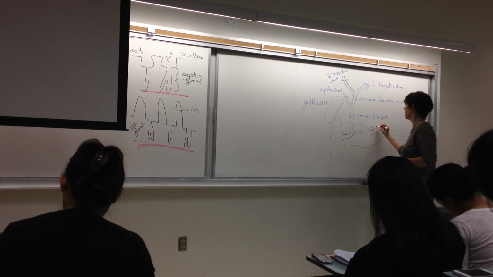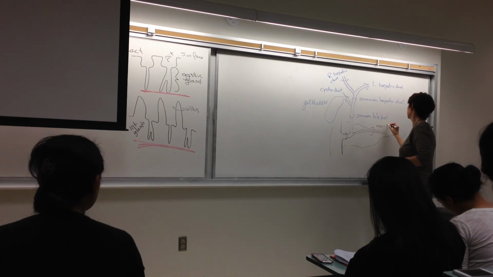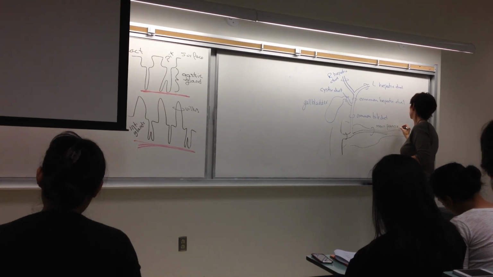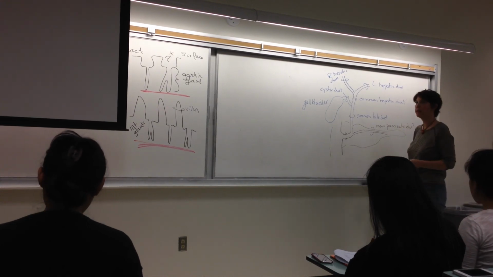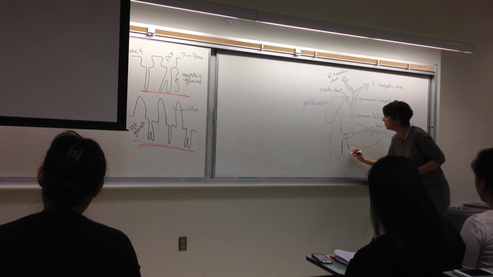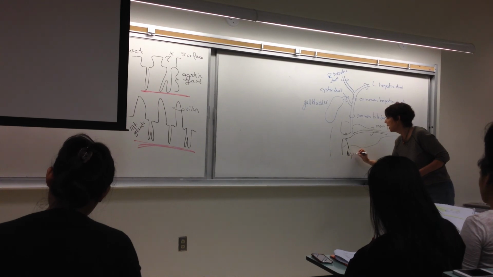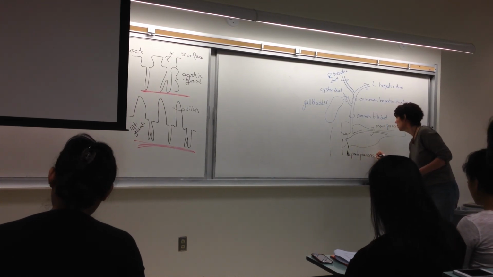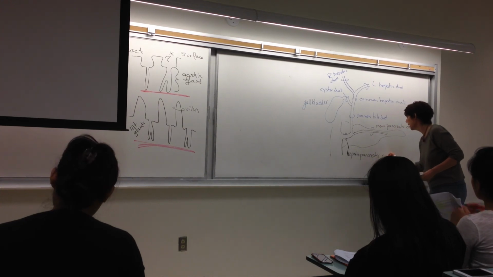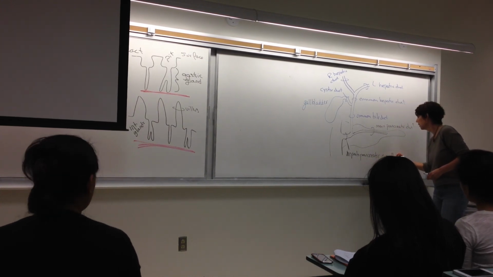So this would be the main pancreatic duct. Where the two are joined is known as the hepatopancreatic ampulla.